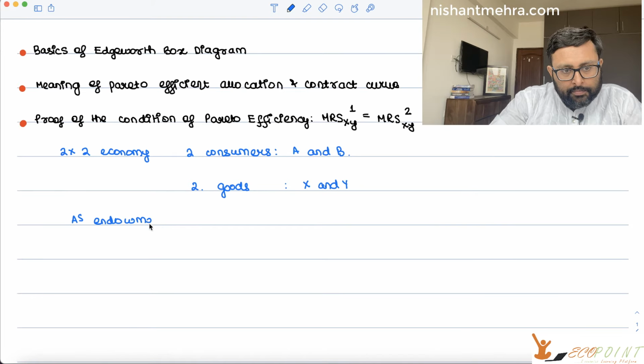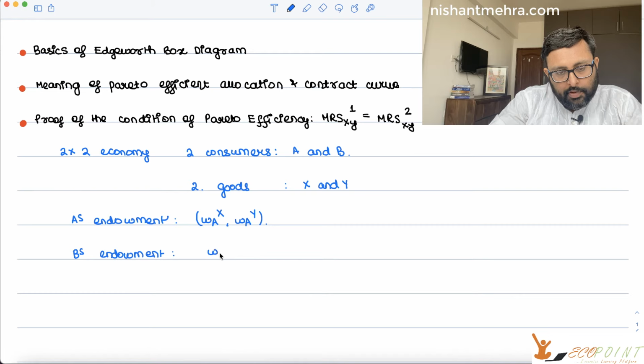A's endowment is WAX, WAY. B's endowment is WBX, WBY.